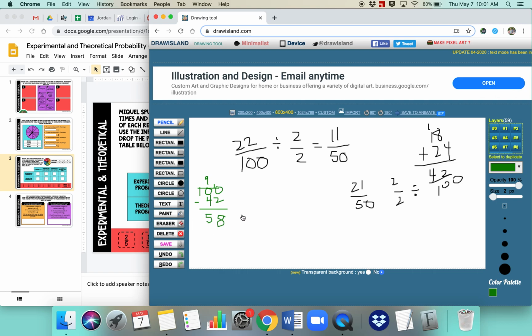So we have 58 possibilities. So 58 divided by 100. Again, they are both even, so I'm going to go ahead and divide by 2. 58 divided by 2, I don't know that one off the top of my head, so I'm going to use my calculator. 58 divided by 2 gives me 29. So 29 over 50.